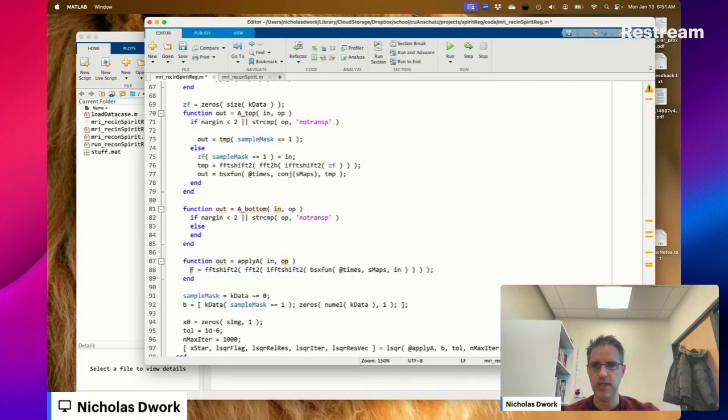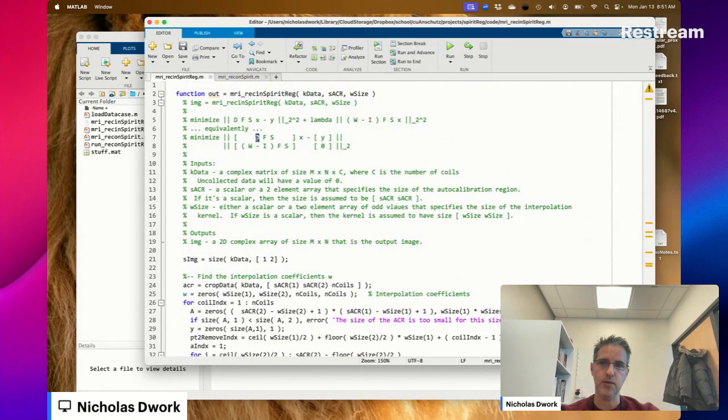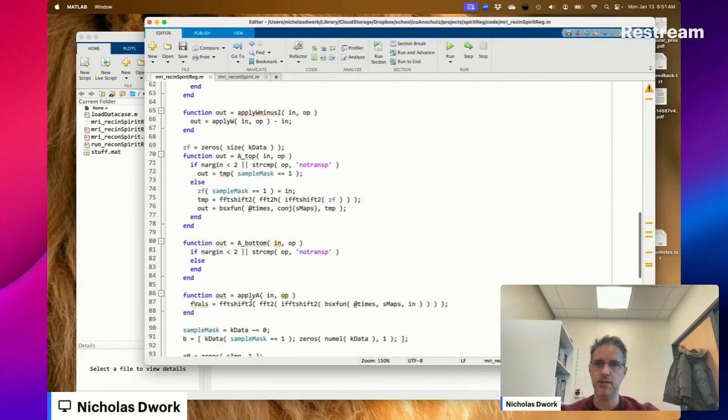These are the Fourier values, so we'll call this FLs. The only thing in A top outside of this is just this sample mask operation.